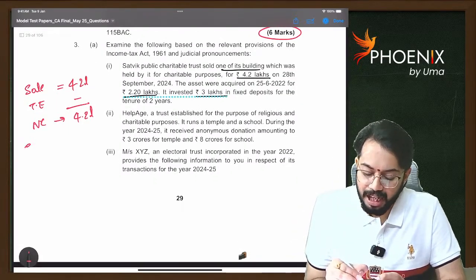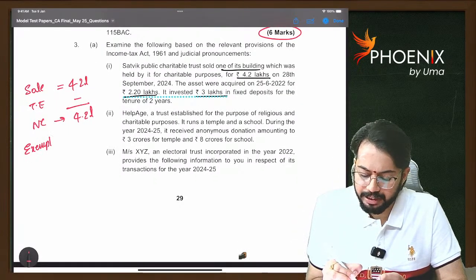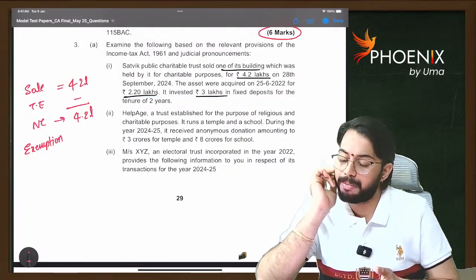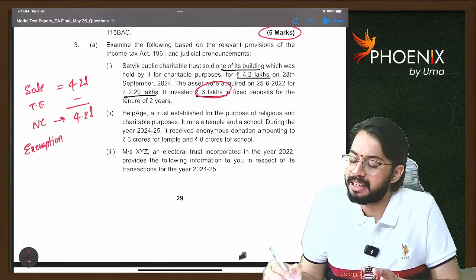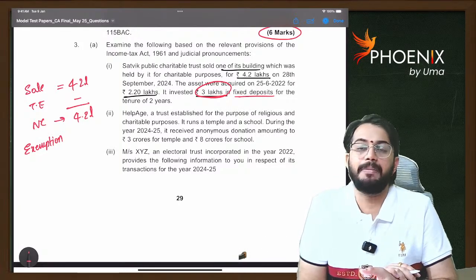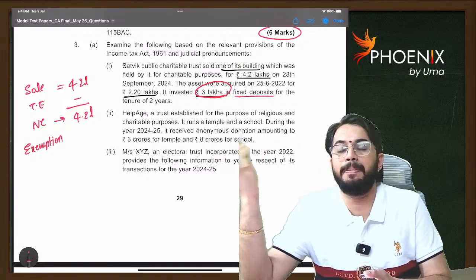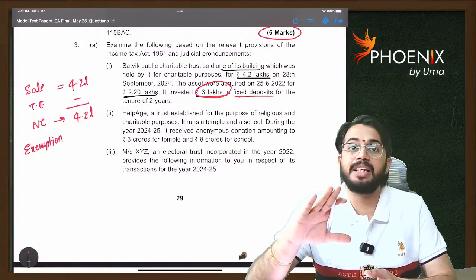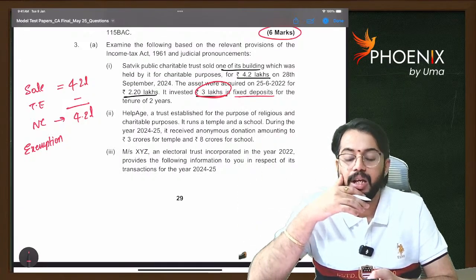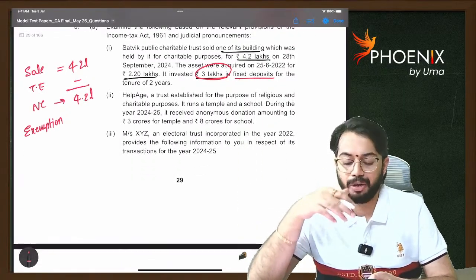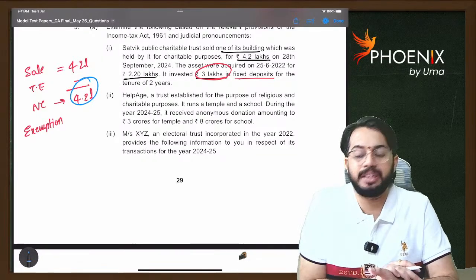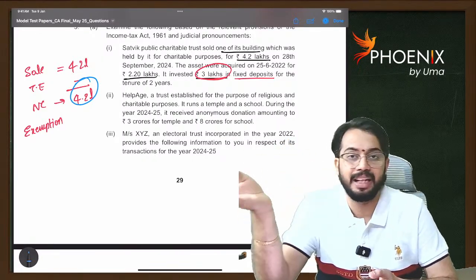Now, can we claim exemption? Yes. If the amount is reinvested, you can claim exemption. How much is reinvested? 3 lakhs is invested in fixed deposit for a tenure of 2 years. That means 3 lakhs is presently deposited in safe modes under section 11(5), and with that money it will purchase another asset. Now, can it claim exemption? Whether the total 4.2 lakhs is reinvested or deposited in fixed deposit? No, only 3 lakhs is reinvested.